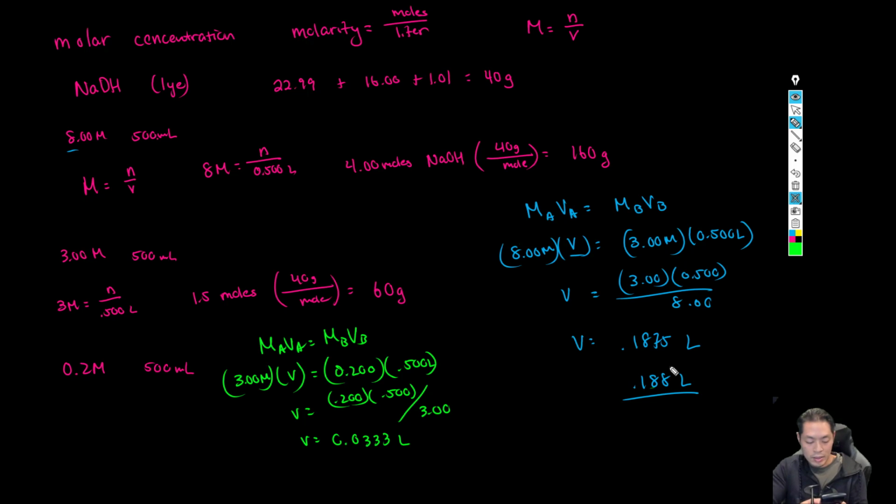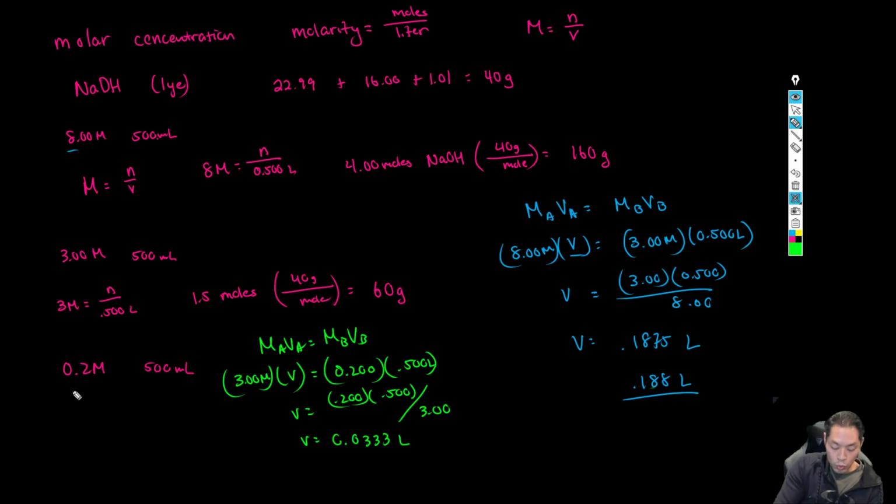Sorry, I messed up there. Can never do easy math in my head. So this is 188 milliliters, sorry, and this one is, ooh, I divided. This one's 33.3 milliliters.